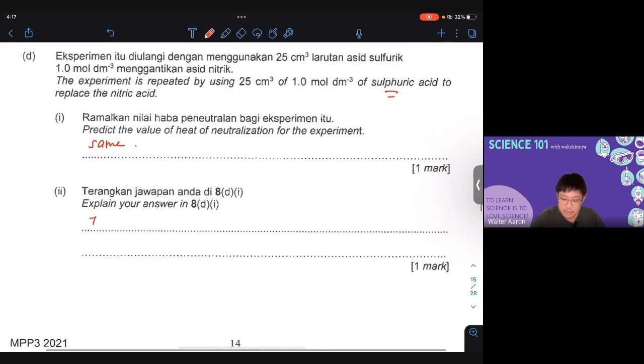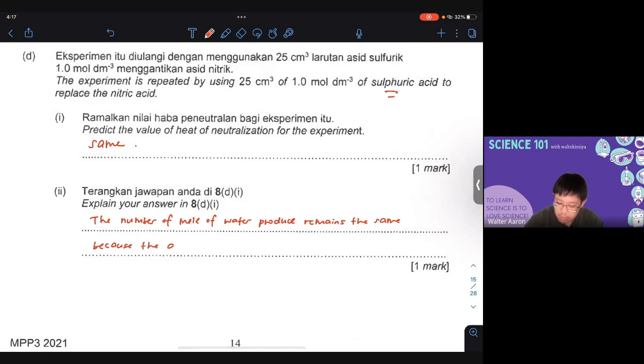So you say here the number of moles of water produced remains the same because the amount of hydroxide ions is the same.